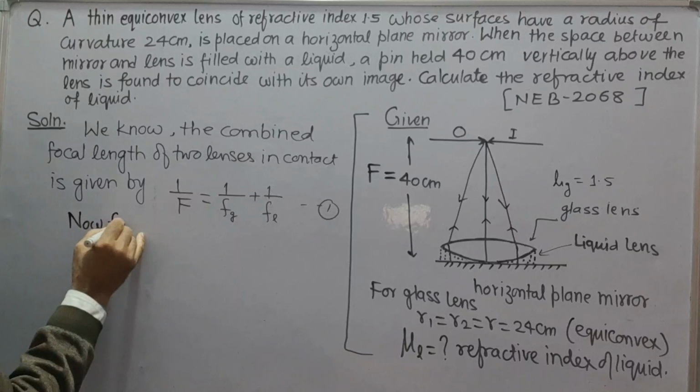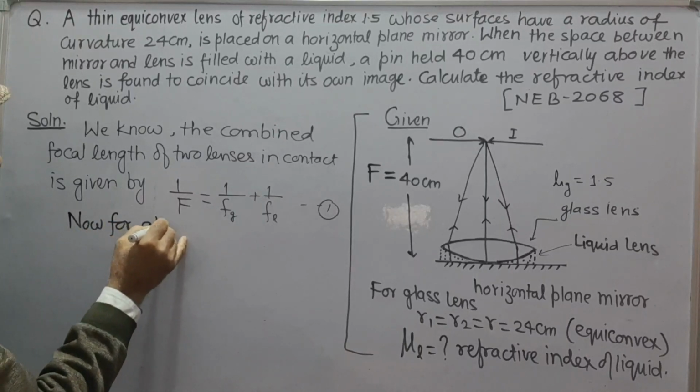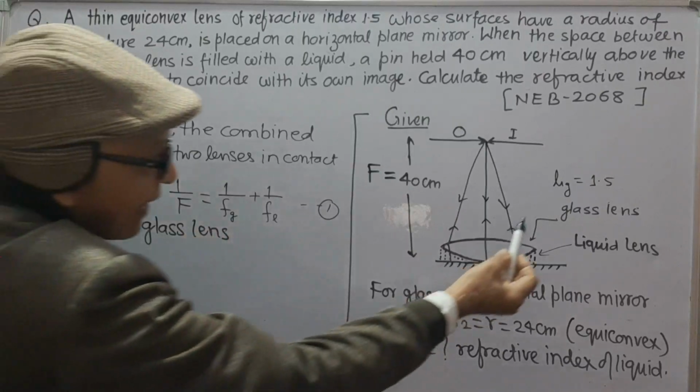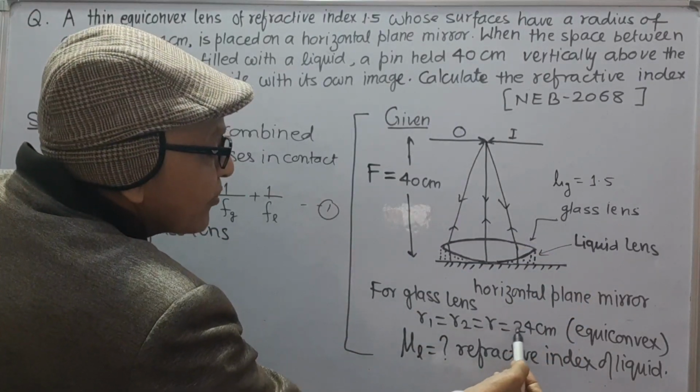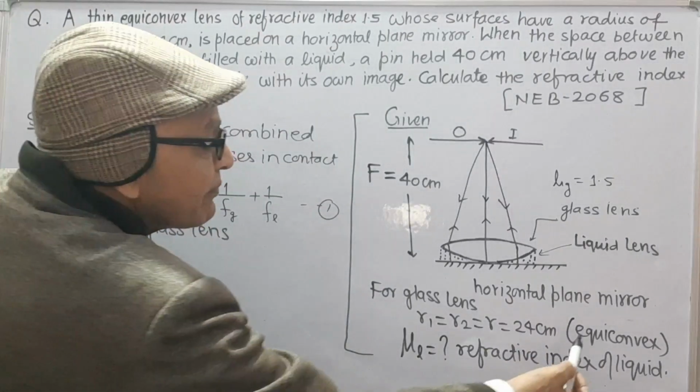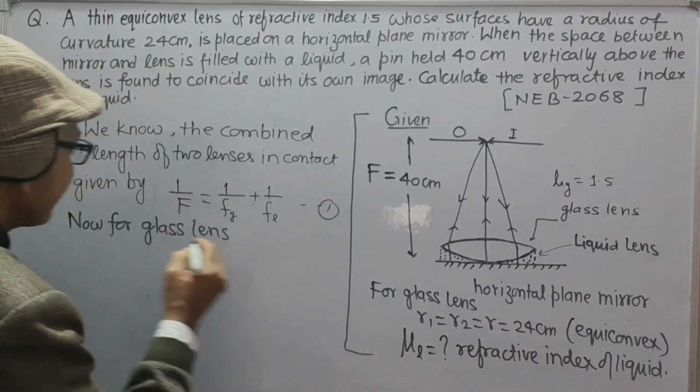Now for glass lens, R1 is equal to R2 is equal to R is equal to 24 cm because it is equiconvex lens.